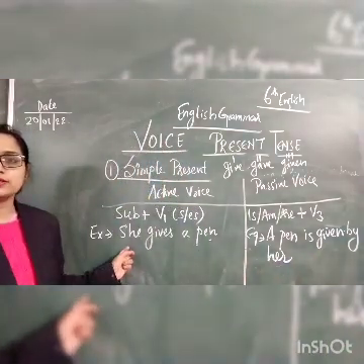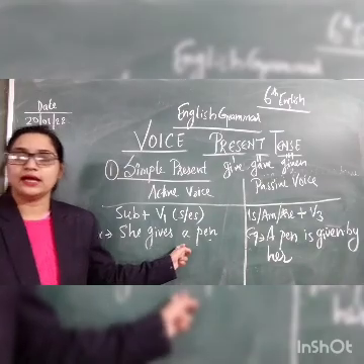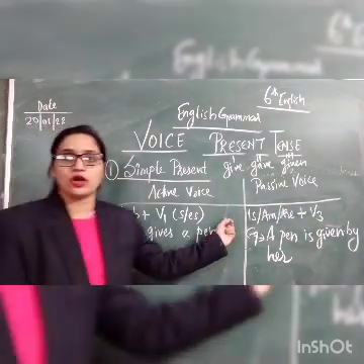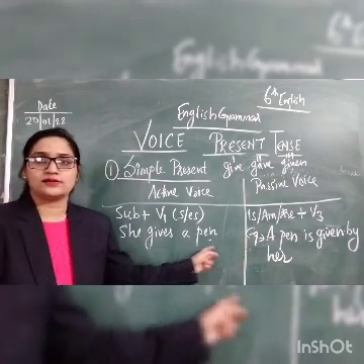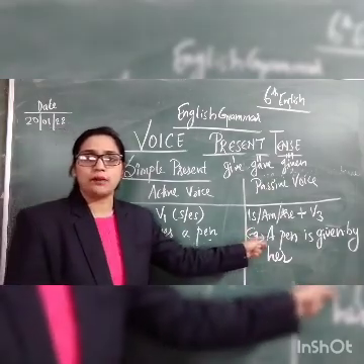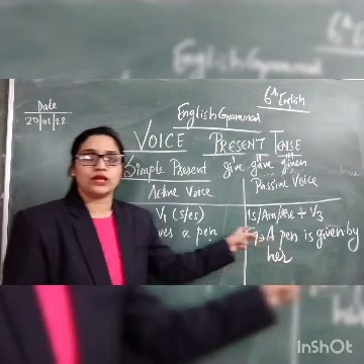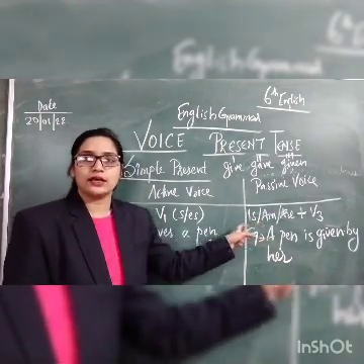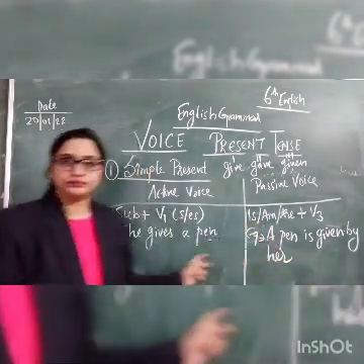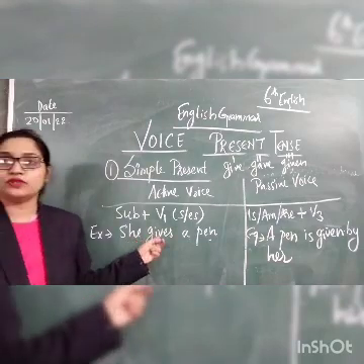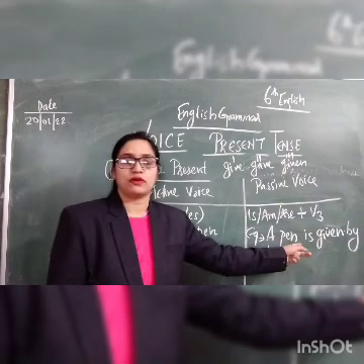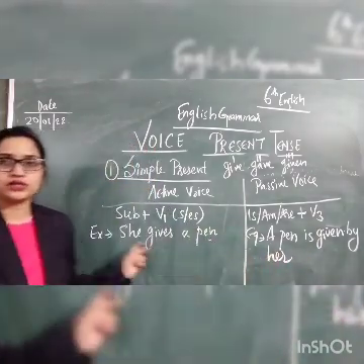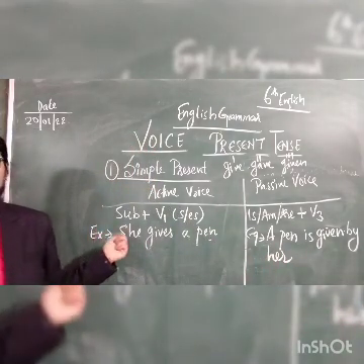Here the example is she gives a pen, and when we change it to passive voice, a pen, here this object takes the place of a subject. A pen, according to this one, we have to choose is, am, are. Is given, given is the third form of this verb give. A pen is given by her.